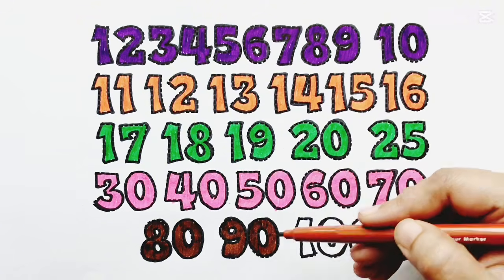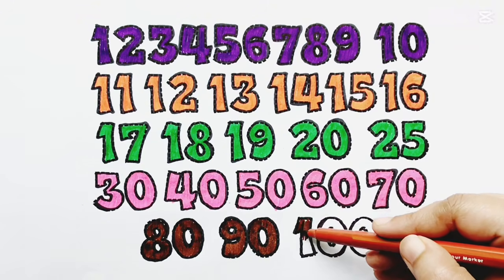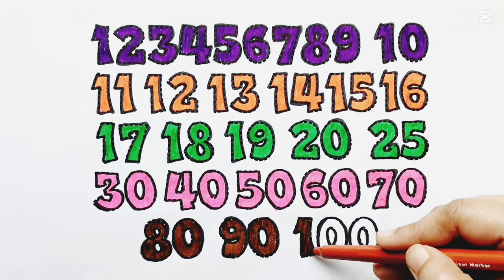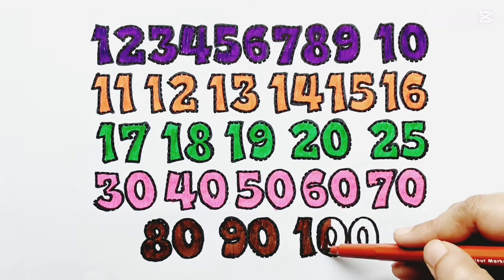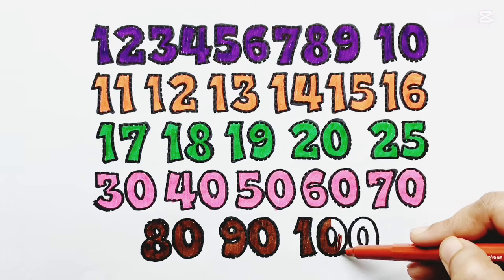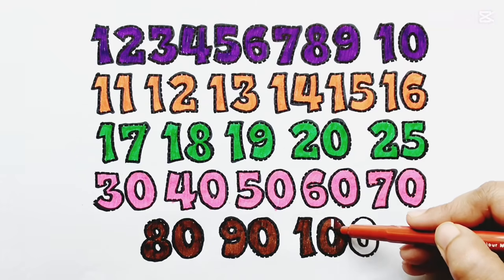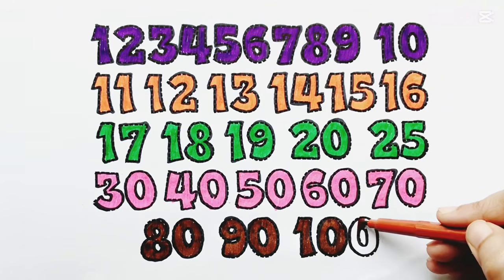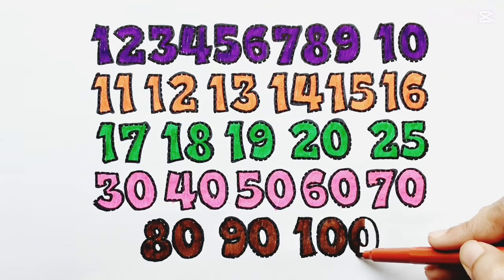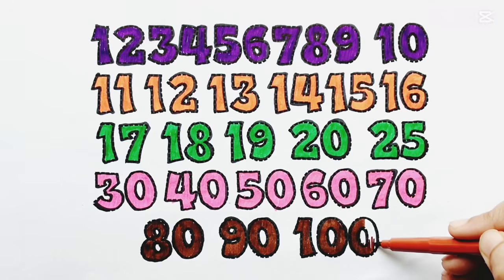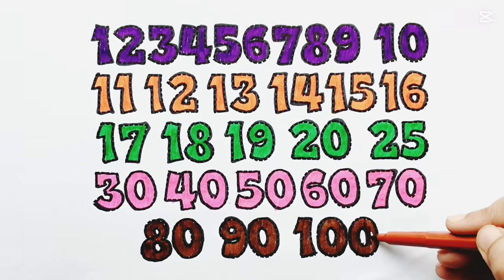A, B, C, count the rhythm and 1, 2, 3, And 100. together. A, B, C, count the rhythm and 1, 2, 3, we're singing all together. Yeah, let's see a list of words that start with the letter A.